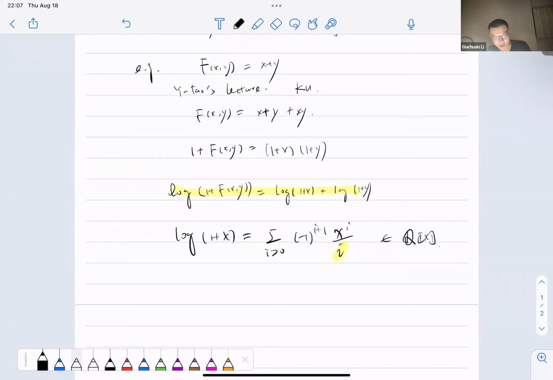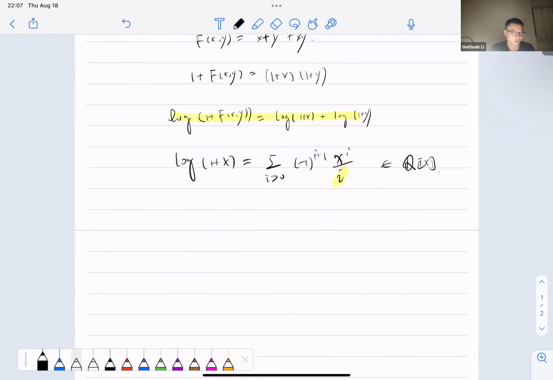In particular, the formal logarithm is a logarithm formula for the multiplicative one. And one of the promised statements from the first lecture is about the map from the Lazard ring to the ring with denominators inverted.